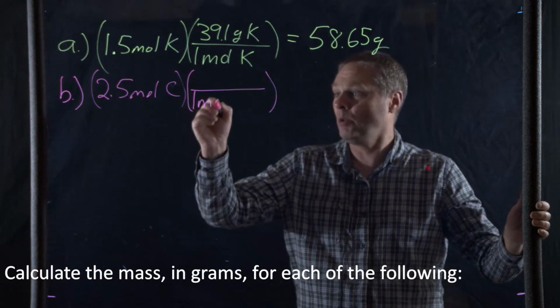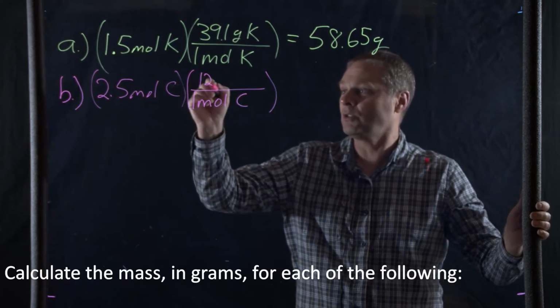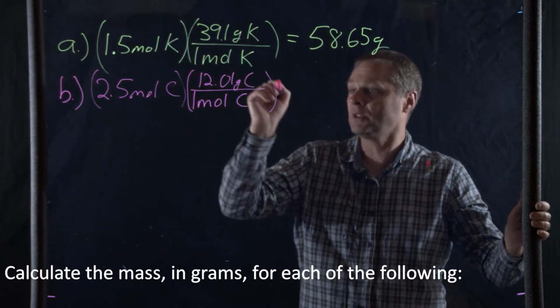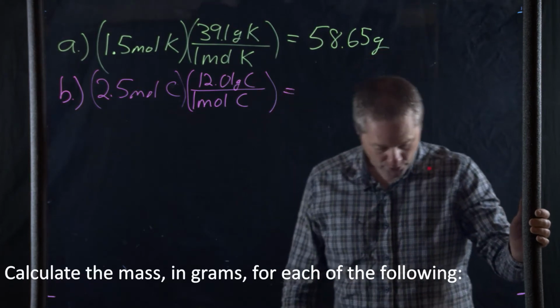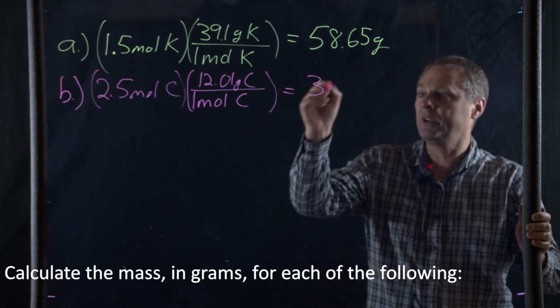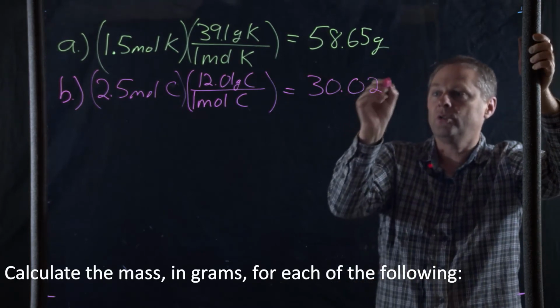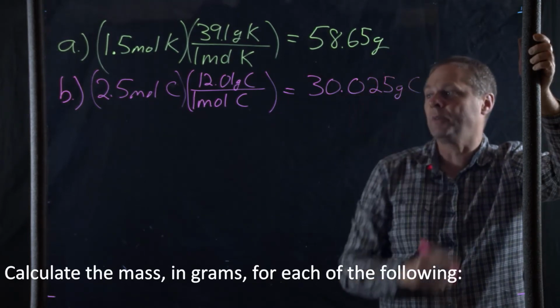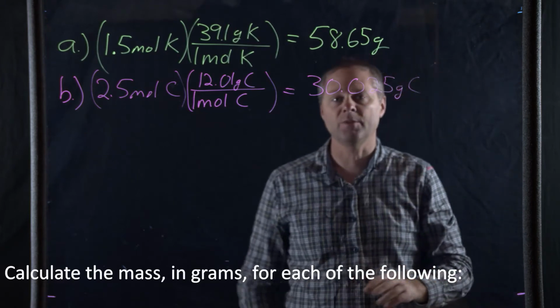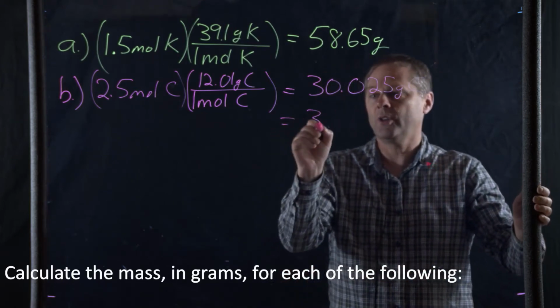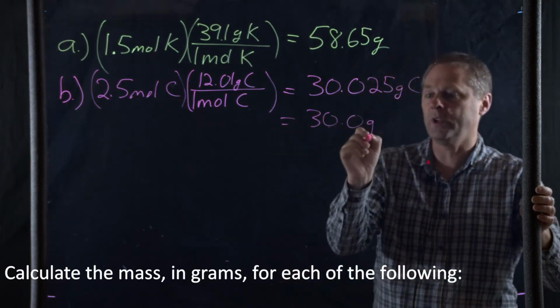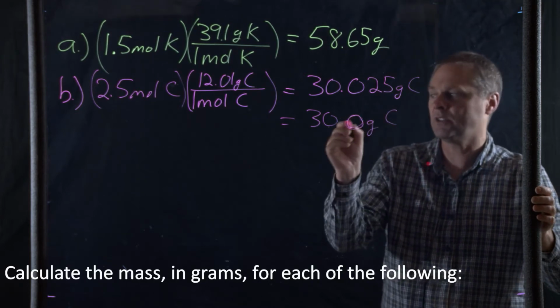So 1 mole of carbon is equivalent to 12.01 grams of carbon. We do this arithmetic, and we get 30.025 grams of carbon. Now, you don't have to report it to this many significant figures. If you just simply wrote 30.0 grams of carbon, that's close enough.